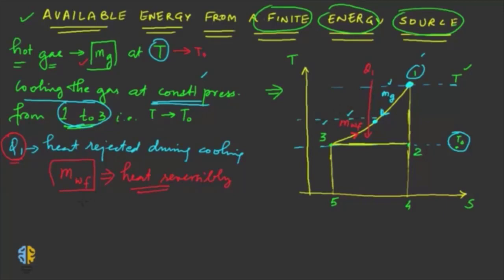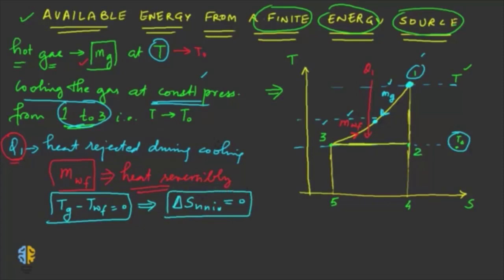So the temperature of gas minus the temperature of working fluid is 0, and because the temperature difference is 0, the entropy increase of the universe is also 0. There is no increase in the entropy of the universe.